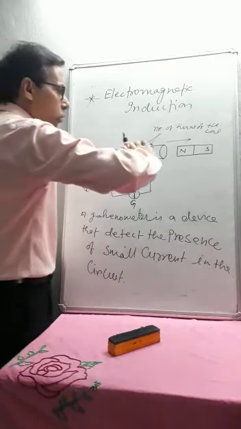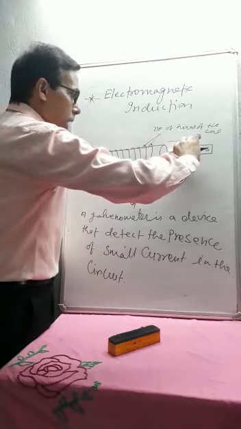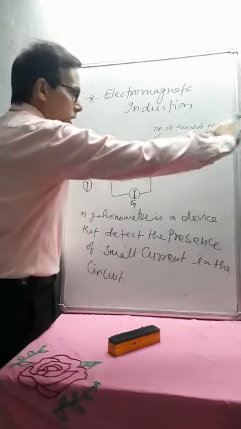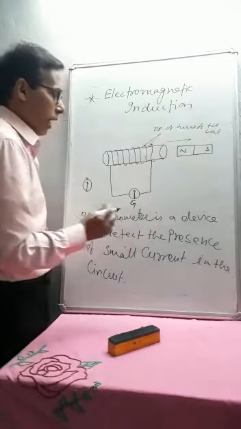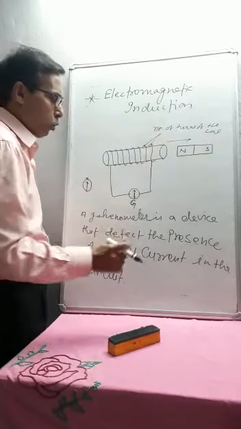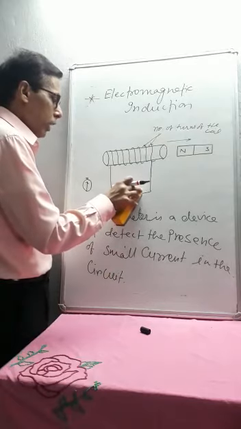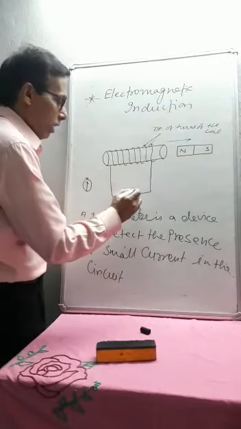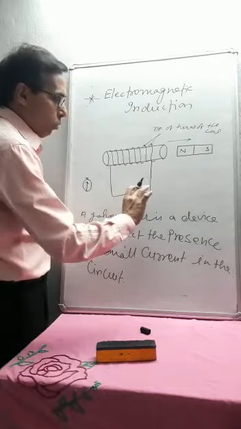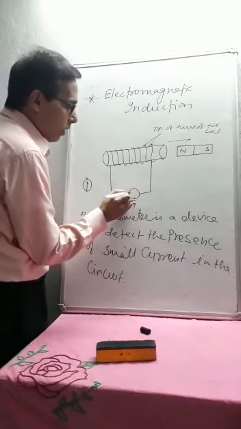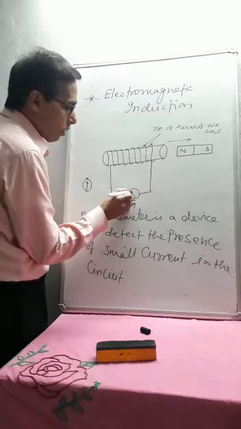Now as we move this north pole of the bar magnet away, we again observe a deflection produced in the galvanometer, but in the opposite direction. In the first case it is deflected towards the right side, now it is deflected towards the left side.